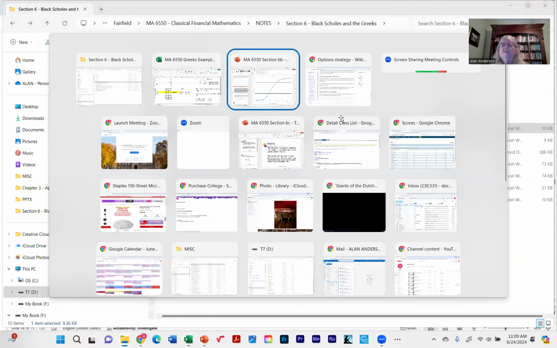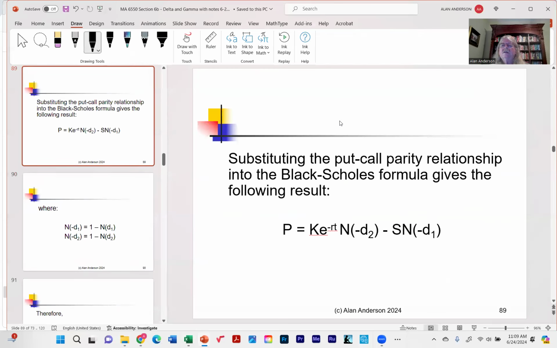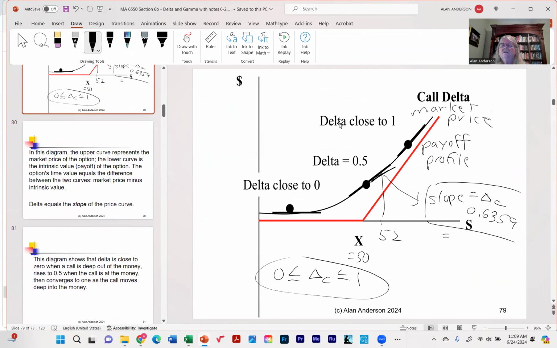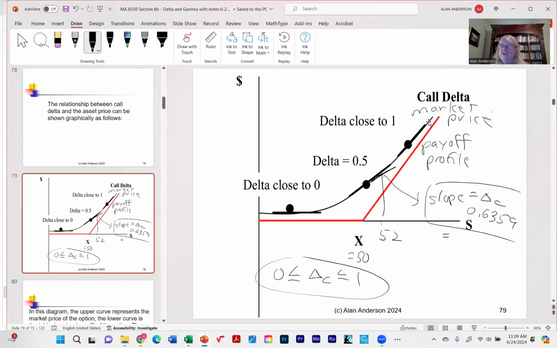You can see why, because if you look at this graph of the market price, well, sure, the slope is changing. In fact, as we move deeper into the money, the delta approaches 1. On the downside, the delta approaches 0.